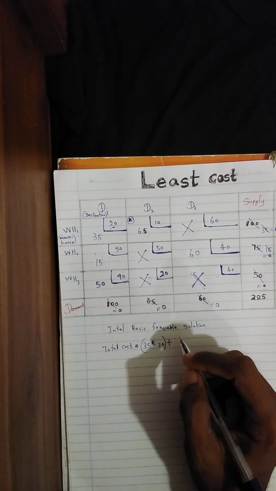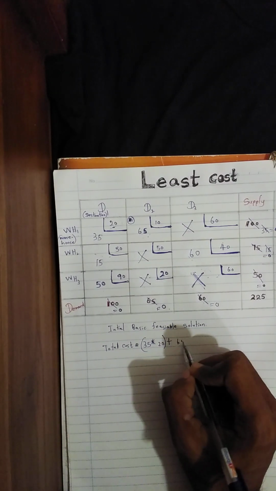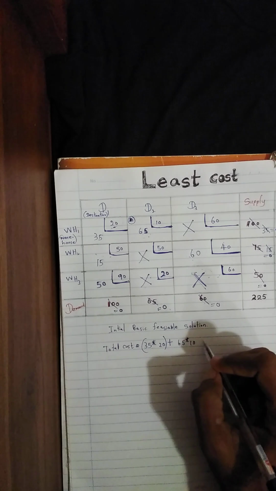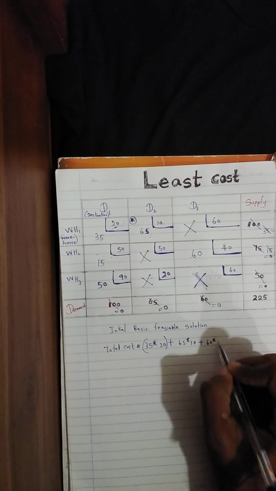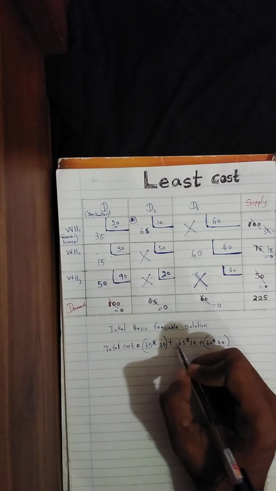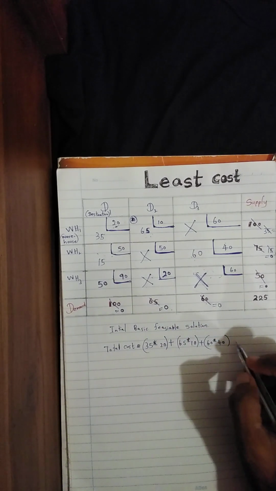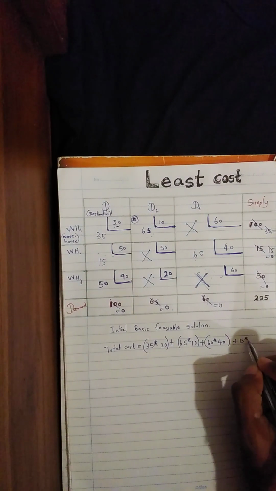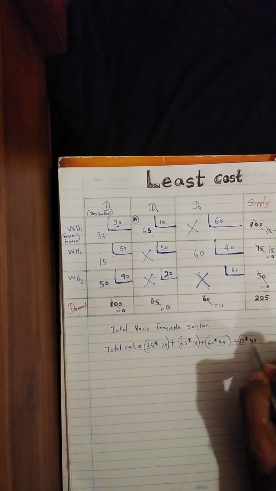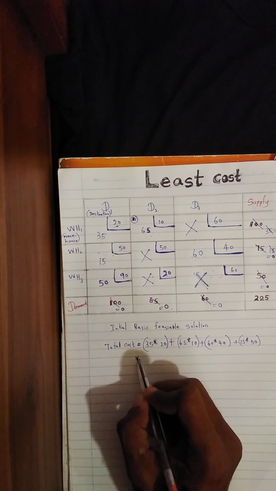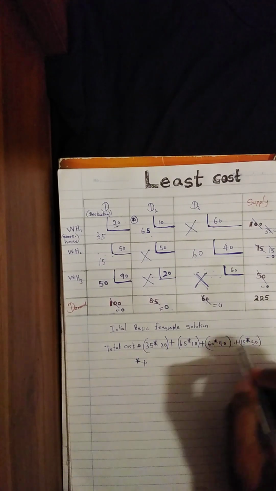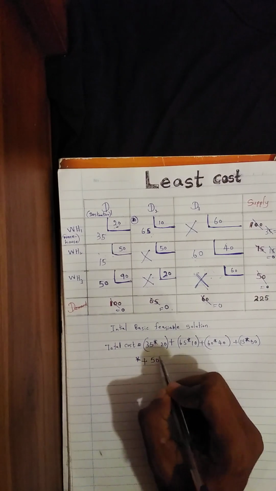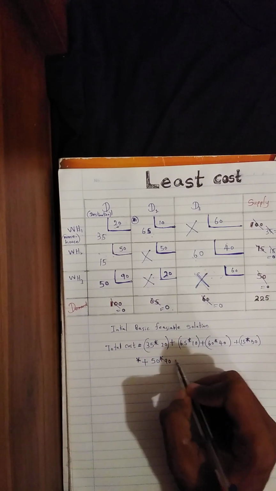Okay, 35 by 20, 65 multiplied by 10, plus 60 multiply 40, 15 multiply by 50, 50 multiply 90.